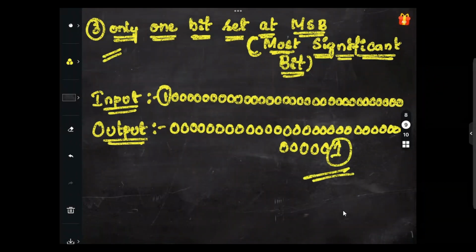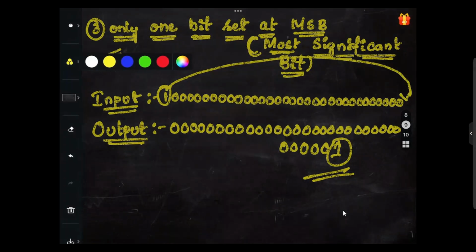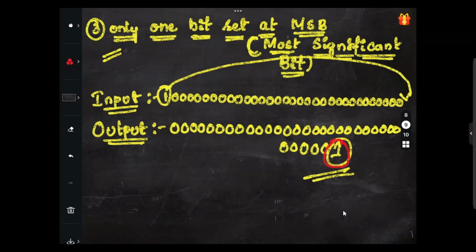So this is fine. The output will be this. This is for the condition only one bit set at the MSB, the most significant bit. So the single 1 bit moves to the least significant bit. Here this moves from here to the final position, so you can clearly see we have 1 here, right? As output, the single 1 bit moves to the LSB, the least significant bit.